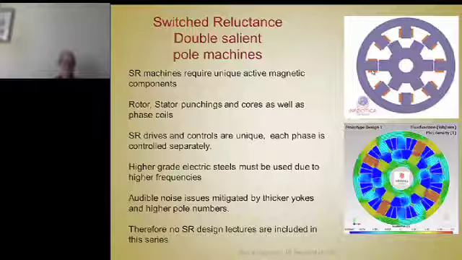Now, in this particular case, the one at the top, you have only 2 rotor poles that are attracted at a time. In the lower picture, you have 4 rotor poles attracted at a time.